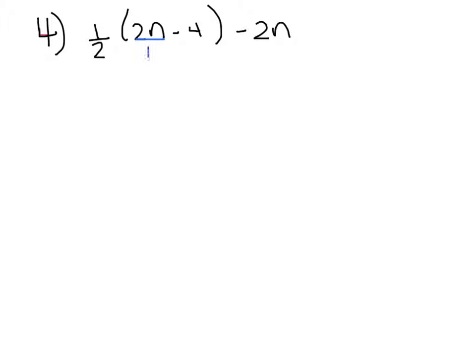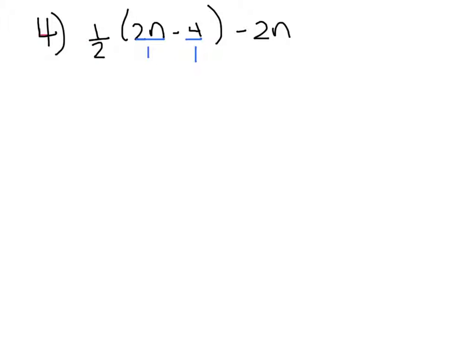Problem number 4. We have 1/2 parentheses 2n minus 4 minus 2n. In order to simplify these, we will have to put a 1 underneath and a 1 underneath for each one.